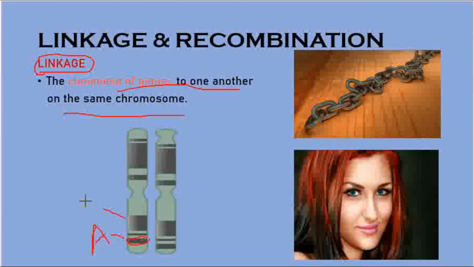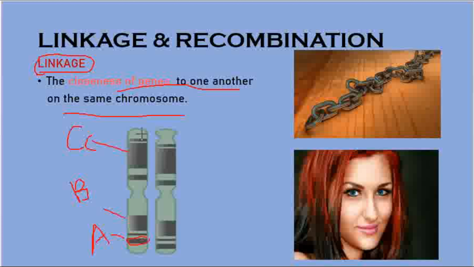Let's say this is a B gene. A and B are close to each other. If you take this gene as a C gene, compared to the closeness of A and B, C is not that close. A and B are close to each other, but C is further apart.